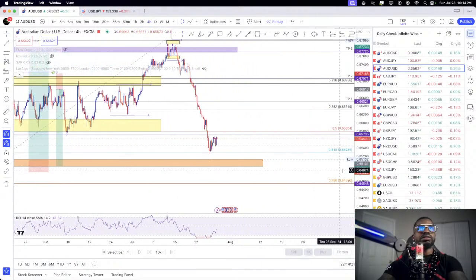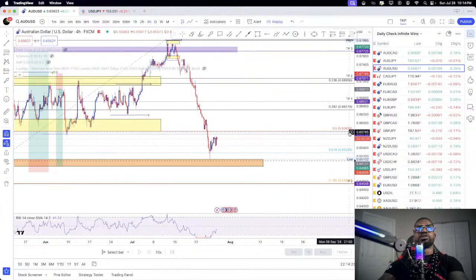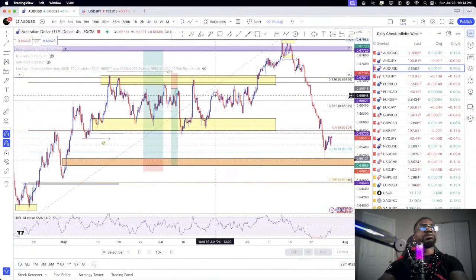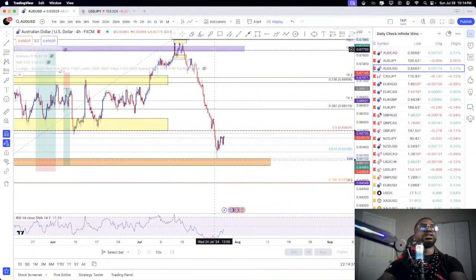Now, the momentum is still bearish on most of these pairs. It's strong to the downside. So I don't want to get excited and jump into it just because it hits one of my levels, especially the way it's setting up. It could definitely create a lower low before pulling back.